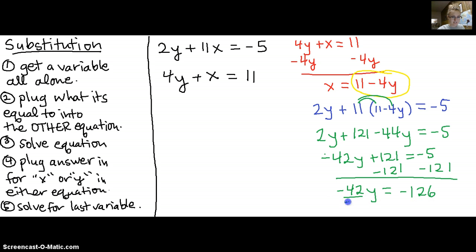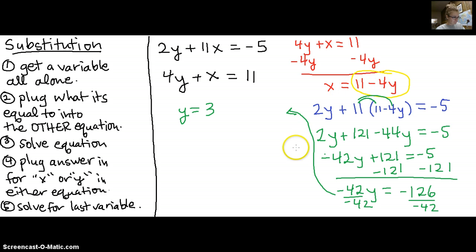If I divide both sides now by negative 42, I get that y is equal to 3. Because negative 126 divided by negative 42 is equal to positive 3. I made up the problem, so I knew that y was 3. That's why I was able to do that division so fast.